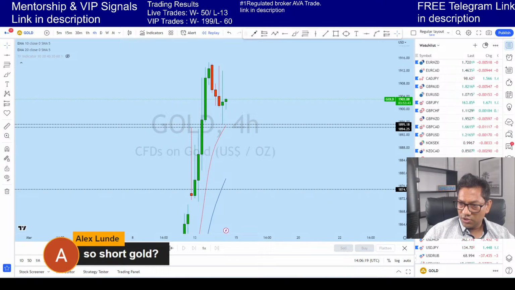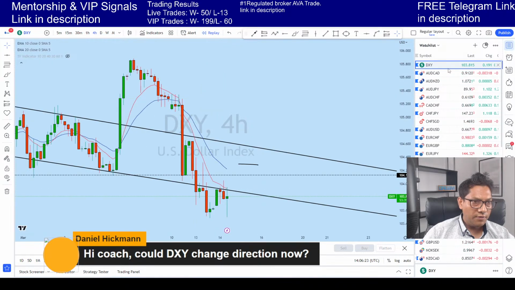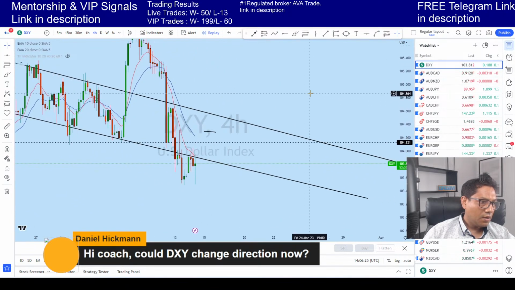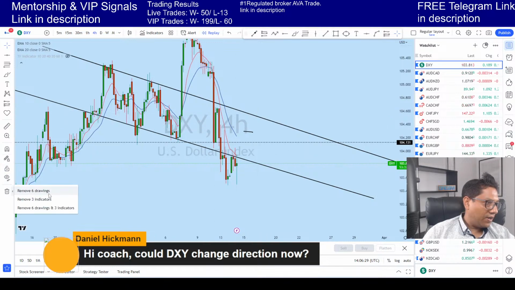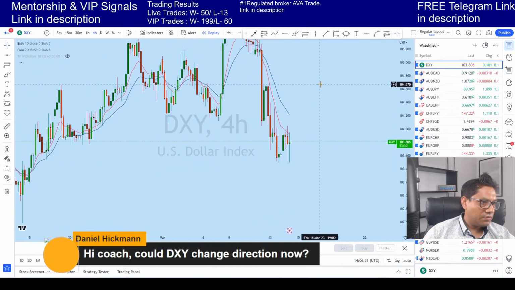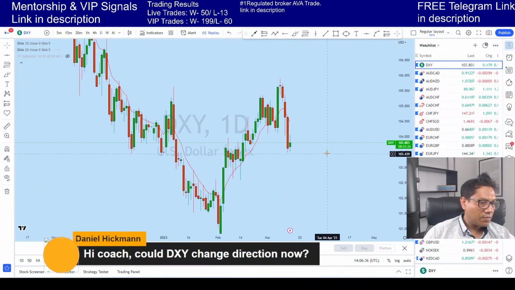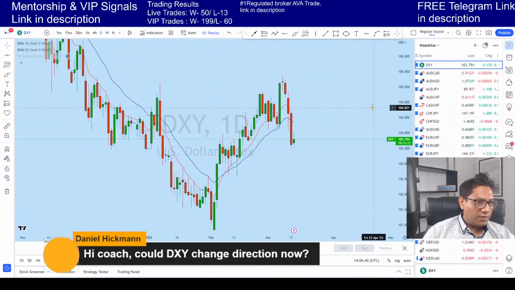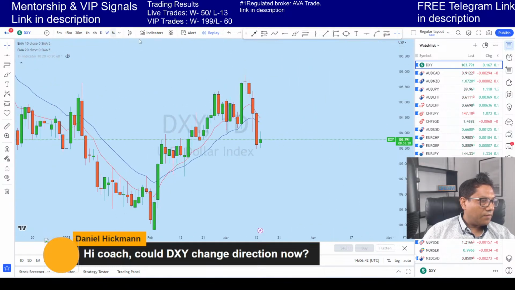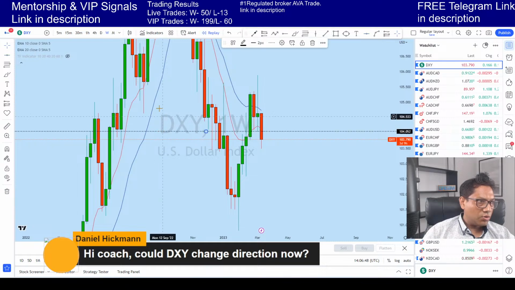Could DXY change direction now? Very good question. Let's look at DXY. So when you look at the DXY, you can find an idea of most of the pairs. Now from the daily, this is the bottom, this is the support zone on the weekly on DXY.